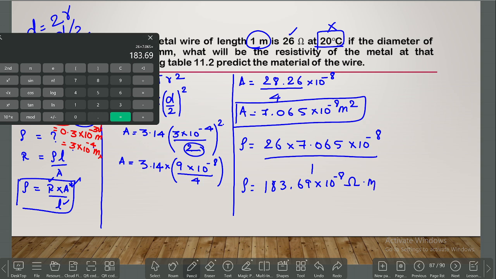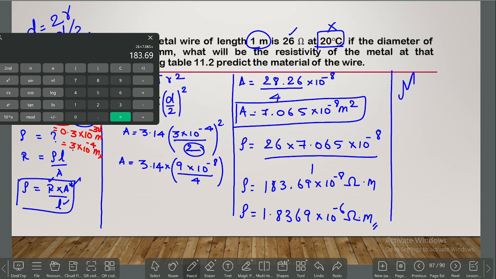So this value we can also rewrite as rho is equal to 1.8369 into 10 to the power of minus 6 ohm meter. So based upon the table, if you are seeing this, what material is it going to be then?